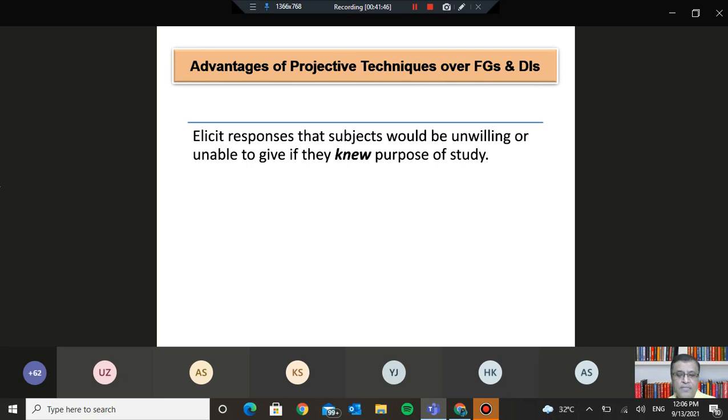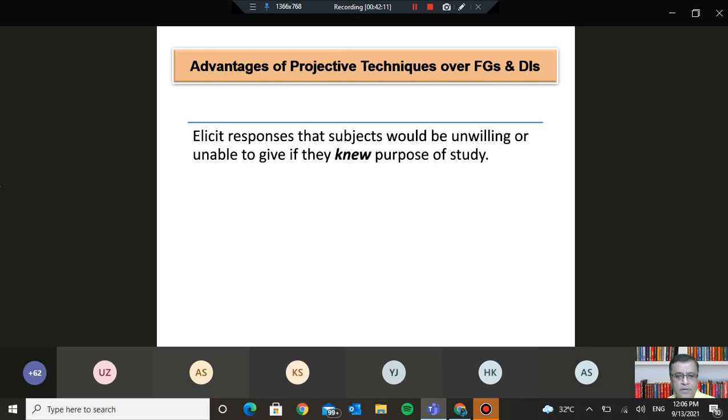At times, when you are directly probing or questioning the respondents, they may intentionally misunderstand the question that you are posing to them, or intentionally misinterpret it. They may give you a totally wild response, which is not appropriate in that context and not very revealing.